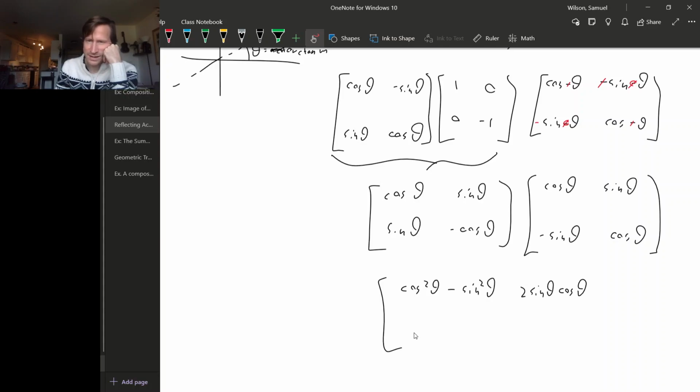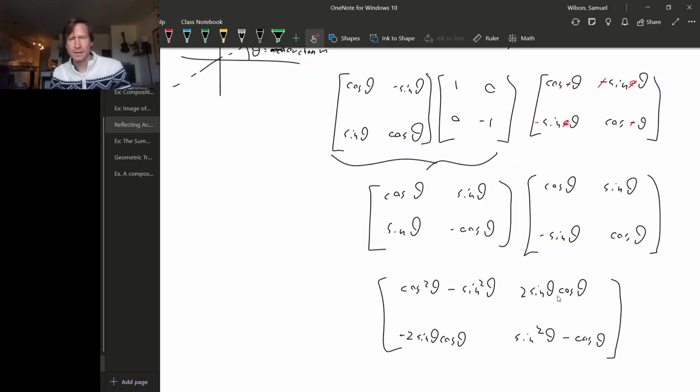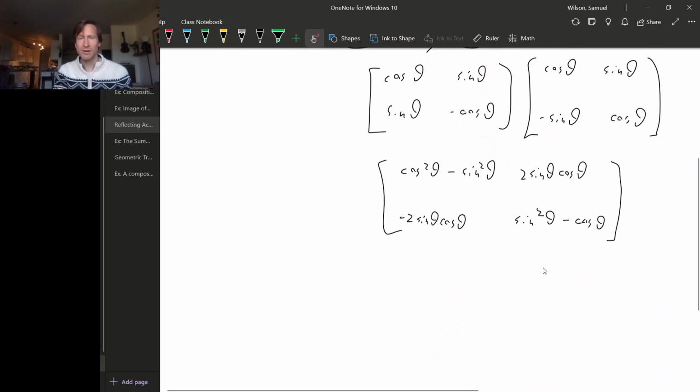Here we get minus 2 sine theta cosine theta. And here we get sine squared theta minus cosine squared theta. Okay, so what are all these things?